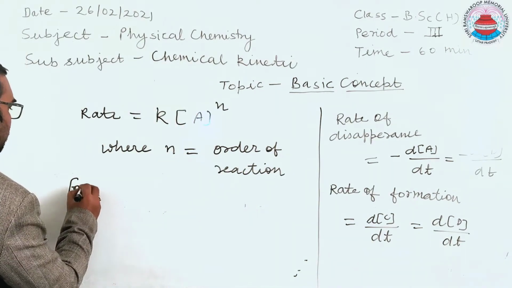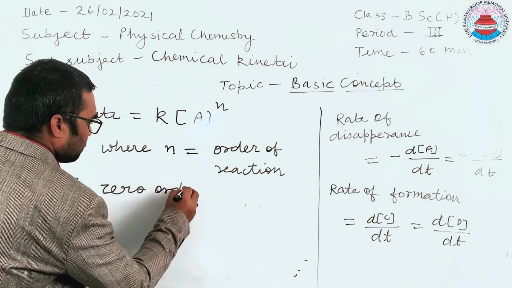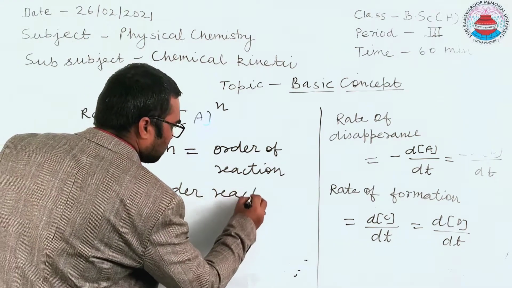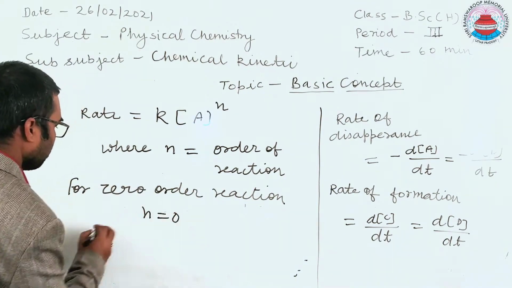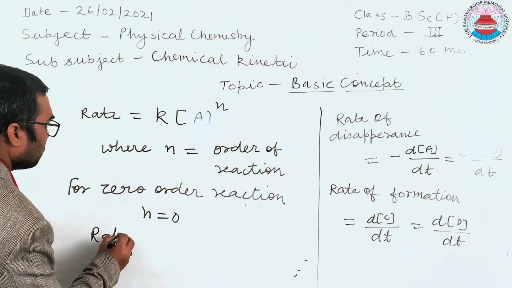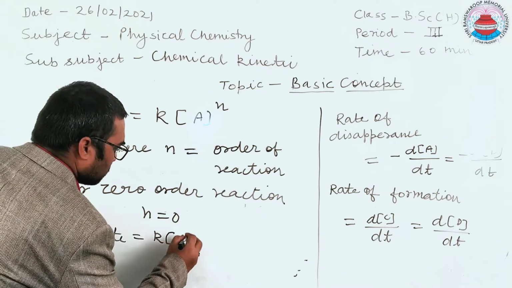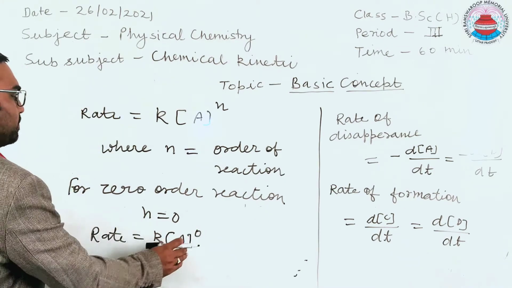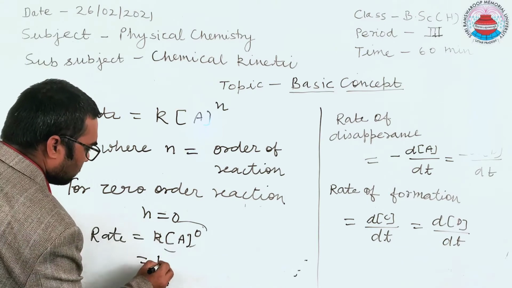For a zero order reaction, n equal to 0 means rate equal to K a to the power 0, and if the power is 0 then this value is 1.